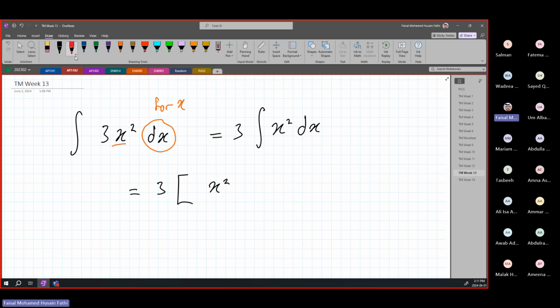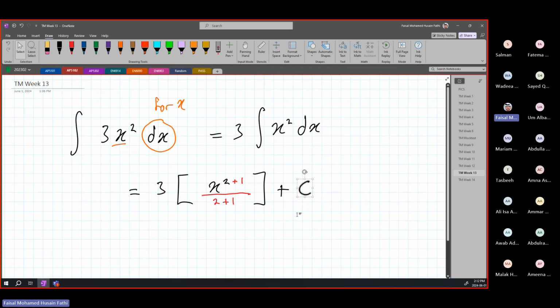is going to be, remember again, this is opposite, so this is going to be x to the power 2 plus 1 over 2 plus 1 at the bottom, opposite of differentiation. And then obviously you're going to have to add your plus c, which is a constant in the case of indefinite integration.